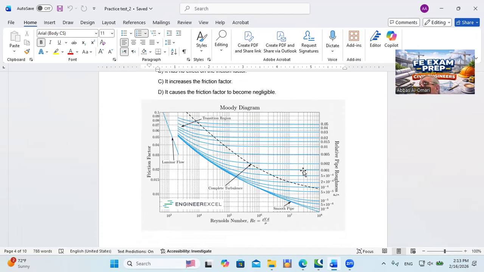It becomes only a function of the pipe roughness. So at completely turbulent flow, the friction factor is a function of pipe roughness, and increasing the roughness does increase the friction factor and the head loss.